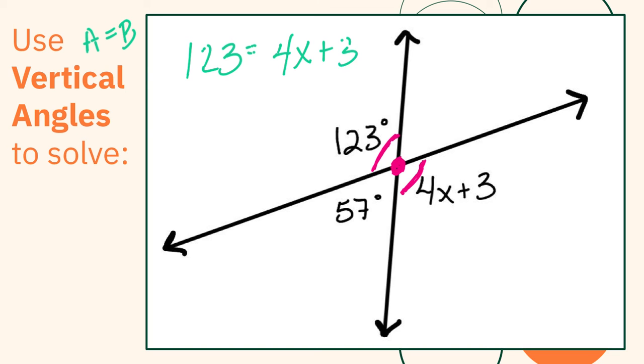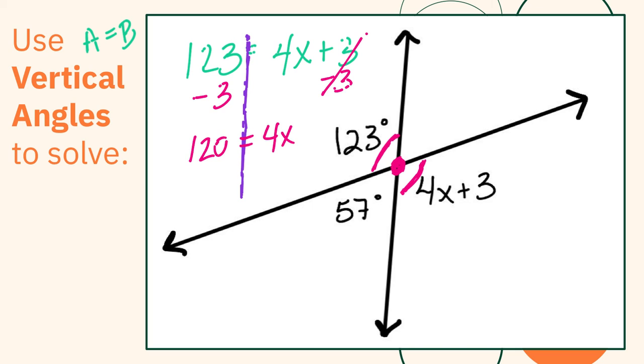And then I'm going to go ahead and solve. So I'm going to subtract 3 first. So then I get 120 equals 4x. And when I divide both sides by 4, I then get that x equals 30.